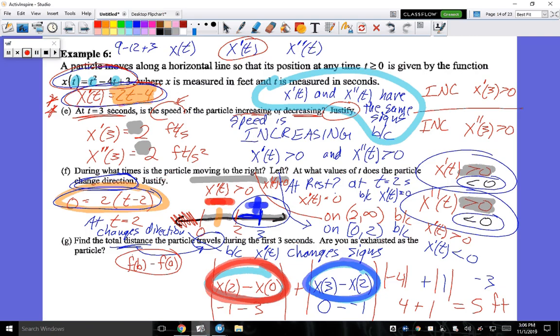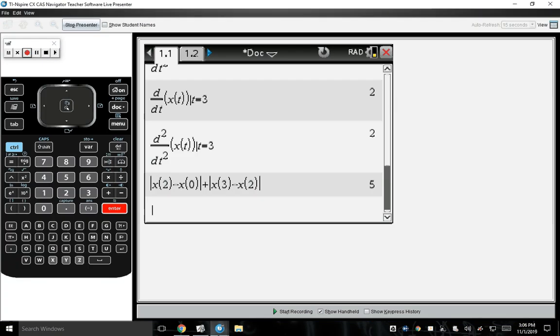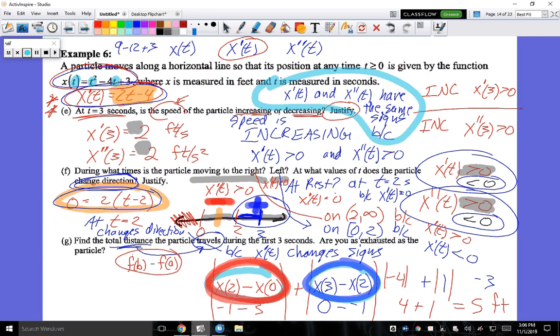Now, real quick, just to check it another way, there's an equation that is dealing with integrals that we're going to use the second semester, is that if we take the integral of the absolute value in respect to t of the velocity function, and we're saying from 0 to 3, which is what we're looking for these first 3 seconds, this will do immediately all of this work.